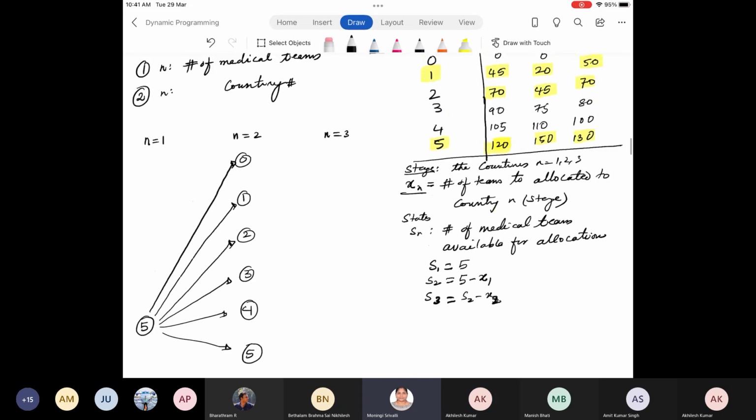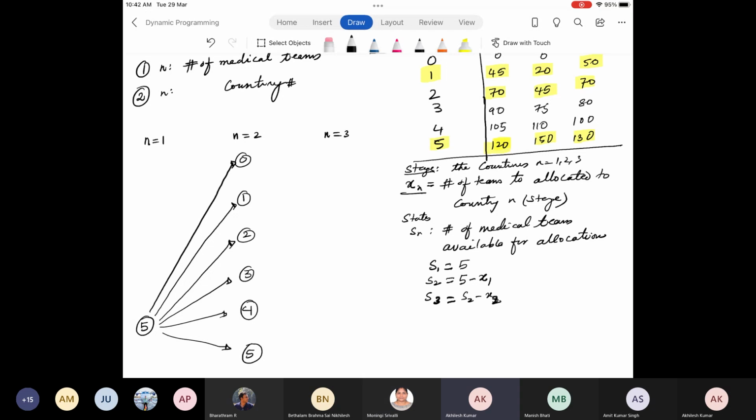Sir, why are we allocating all the teams to country 1 first? I'm not allocating anything. I'm saying this is the number of teams available that I can allocate. The maximum number of teams available. See what the state says: number of medical teams available for allocation. So when I'm starting at country 1 allocation, I have 5 teams available, right?